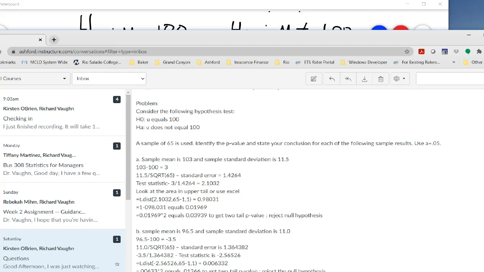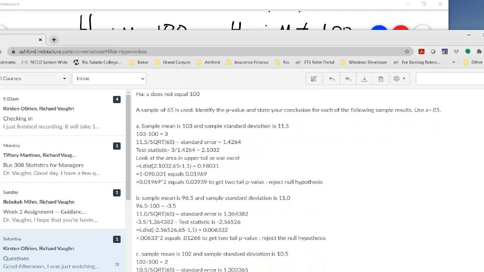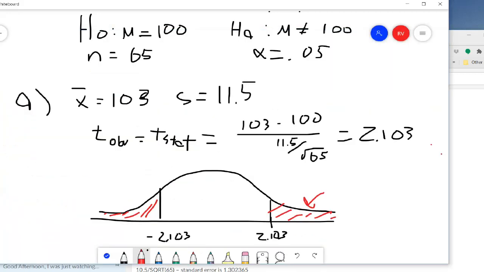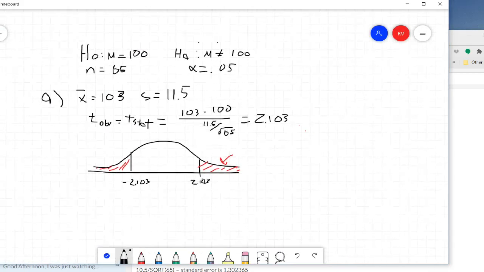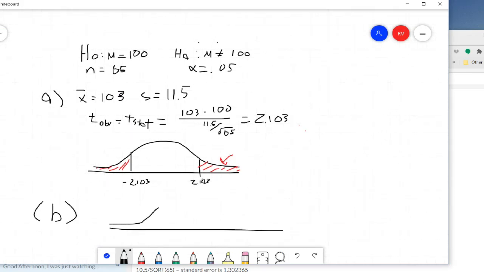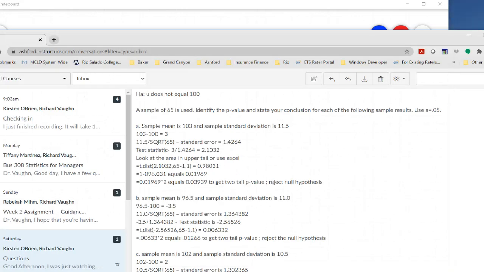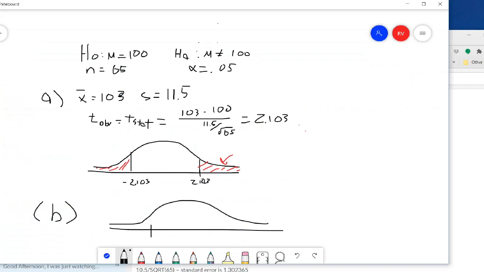Now, when we get down to part B and you do this t observed value, this test statistic is negative, right? So why is it that you don't do the 1 minus in part B? Well, in part B you have the same kind of t distribution, but you have a negative t value, negative 2.56.